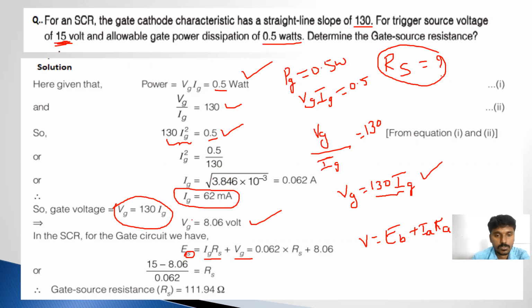All values are known except Rs, so we can easily find Rs. Rs is equal to 111.94 ohms. This numerical can be solved in 3 steps: find IG, find VG, and from the equation find Rs. In short, this is how we solve it.